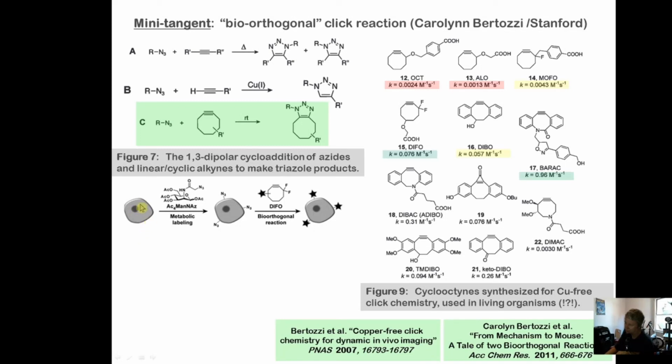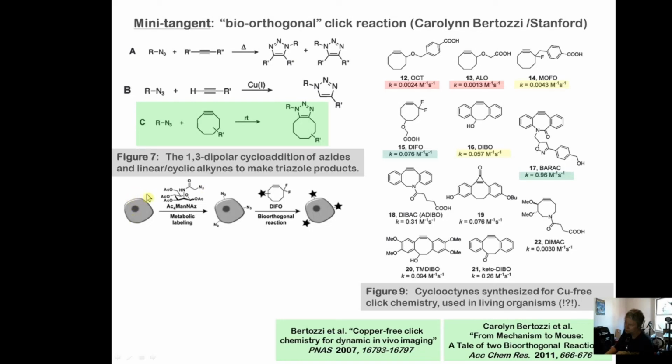If we have a cell, and we can grow the cell with maybe a sugar with an azide on it. Oh, azides are the things that react with click. So you can grow, and azides happen to be kind of bioorthogonal, meaning they don't kill the organism. The azide's actually kind of a biologically happy functional group.